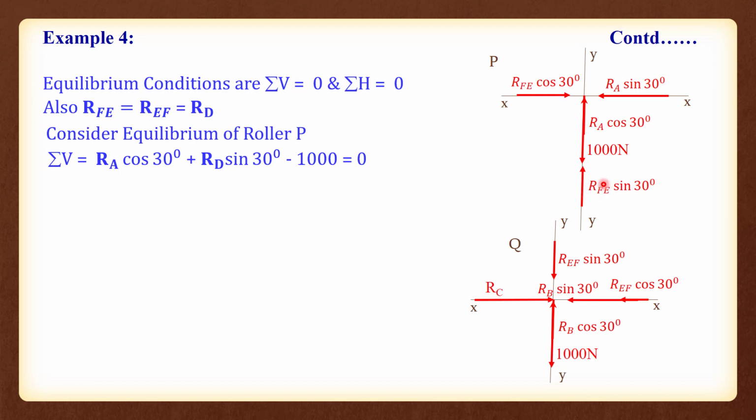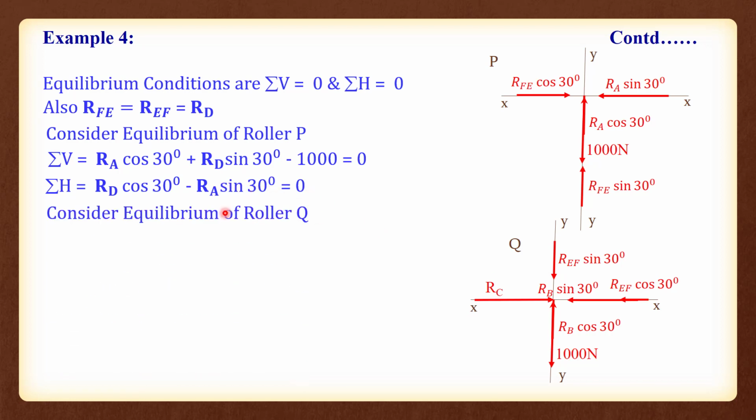So RD sin 30 and 1000 is acting in the downward direction. So minus 1000 is equal to 0. This is our first equation: RA cos 30 plus RD sin 30 minus 1000 is equal to 0. Then sigma H equal to 0 implies, so instead of RFE we can write RD, right? So RD cos 30 minus RA sin 30 is equal to 0.